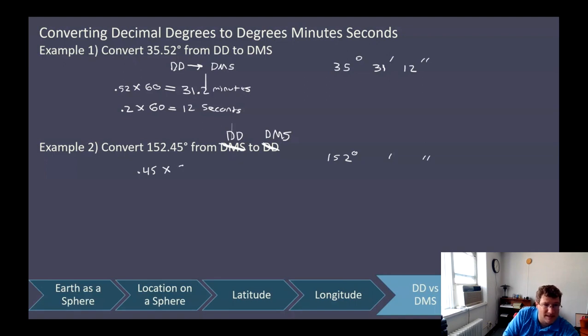And we know there are 60 minutes in a degree. So if we multiply 0.45 by 60, we get that we are 27 minutes to the next degree. So 27 minutes. And then you'll notice that there is no decimal.